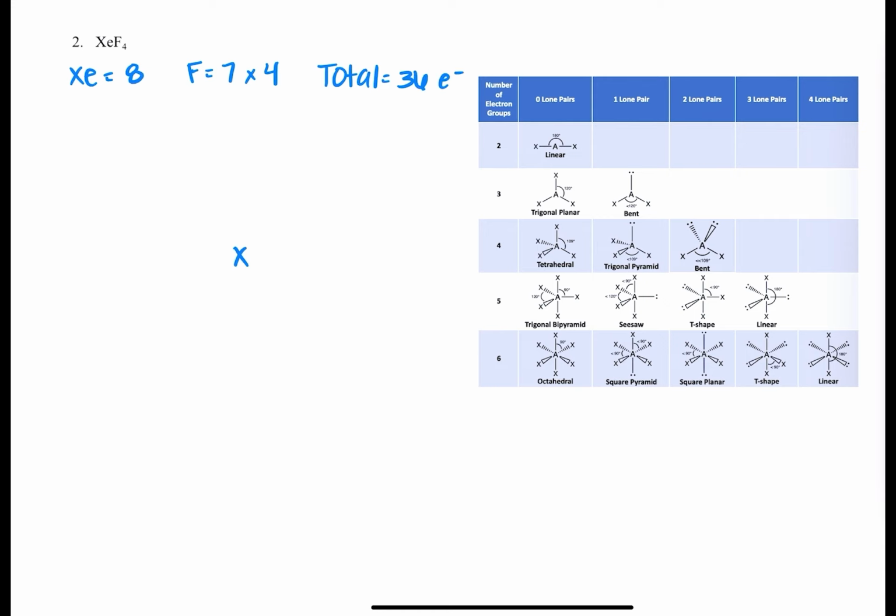So we're going to put xenon in the middle because it's the least electronegative and surround it with single bonded fluorines. So that used up 8 of our electrons, 2 from each bond. So now we have 28 remaining. I'm going to add that up here. It's 28 remaining. And so then, like we did last time, we're going to add lone pairs around each fluorine.